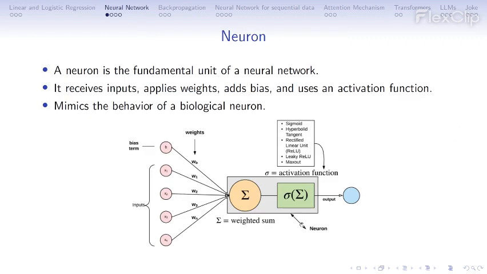So if the activation function here is sigmoid then we have an output of between 0 and 1, and hyperbolic tangent ሲሆን, rectified linear unit ሲሆን, leaky ReLU ሲሆን, maxout ሲሆን.